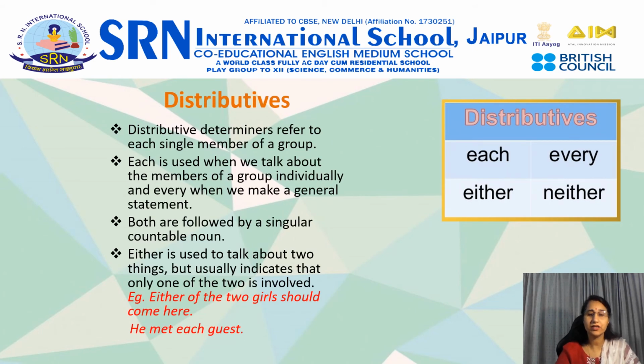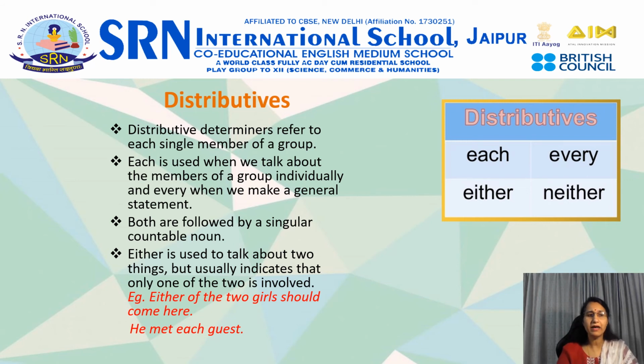Next we have distributives. Distributive determiners refer to each single member of a group. For example, each, every, either, neither. Each is used when we talk about the members of a group individually, and every when we make a general statement.